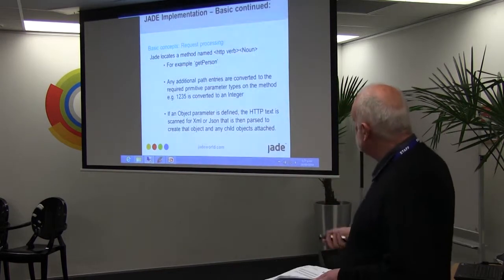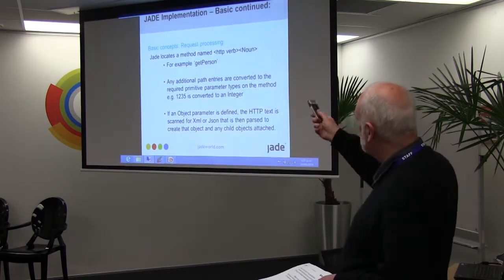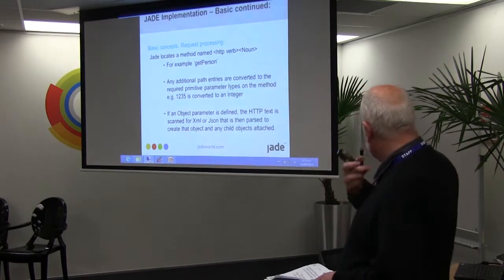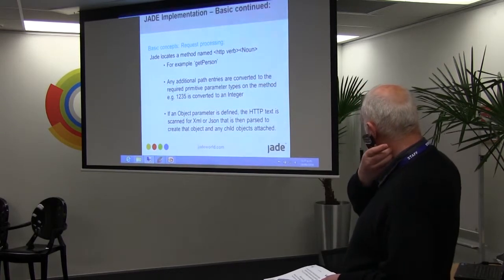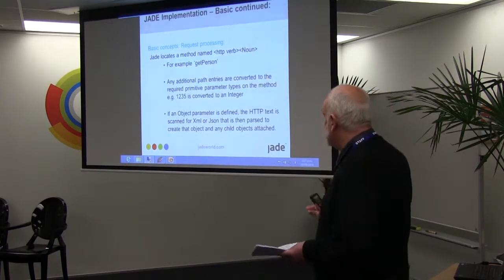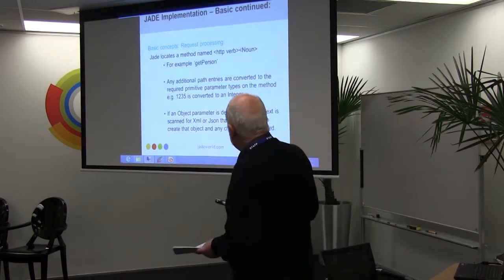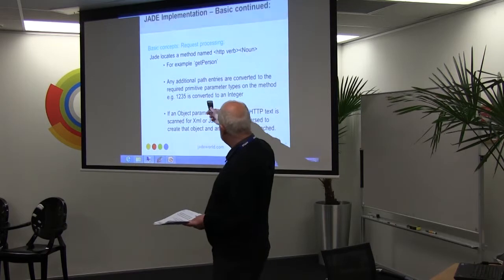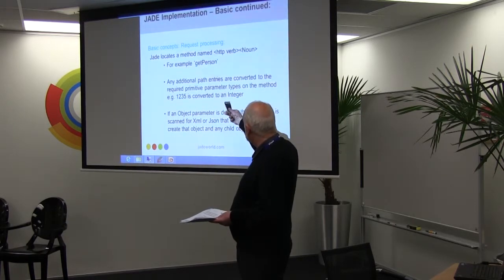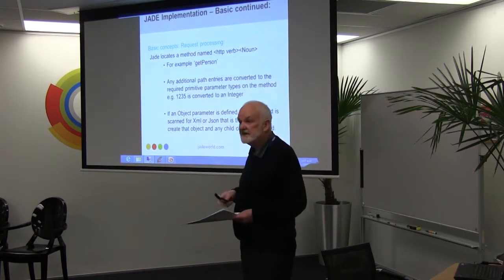So when Jade receives the request, it builds up the method name to be called, finds it, and if it's not there, it gets an exception. It will convert all the additional path parts of the URI into the parameter types that are expected.